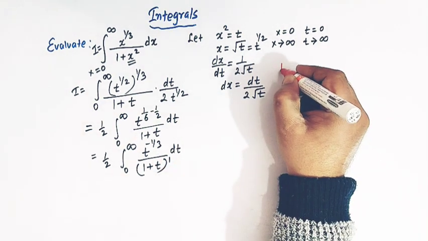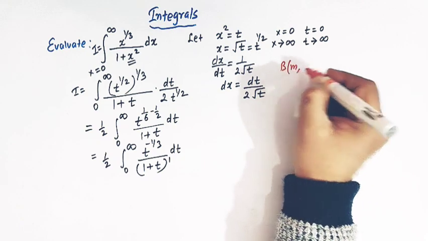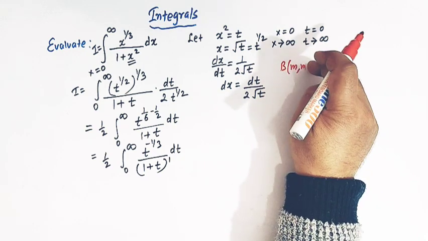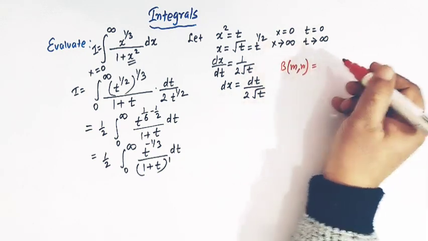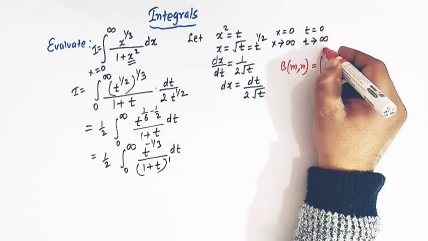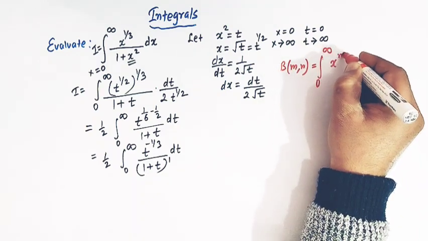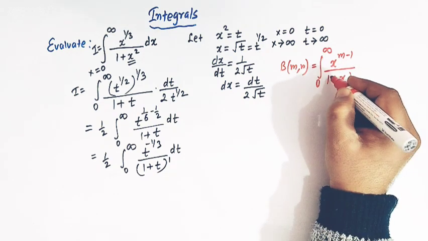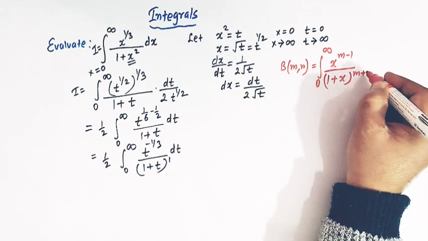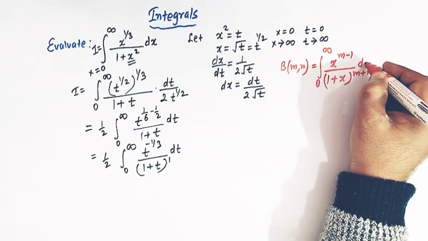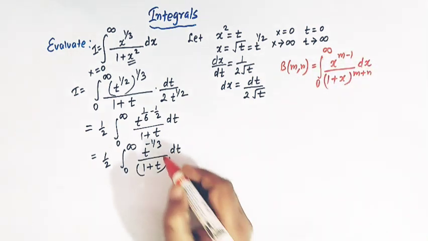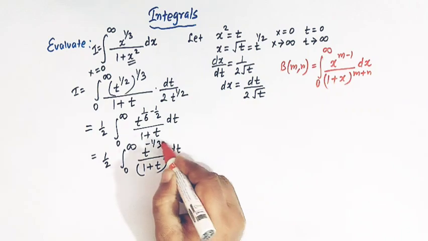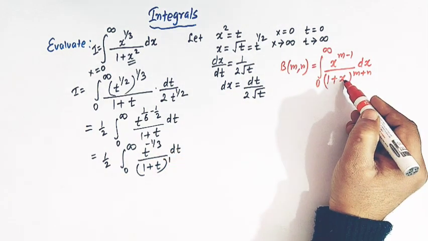Now see, the beta function is defined as beta m, n is given by the integral 0 to infinity x raised to m minus 1 divided by 1 plus x raised to m plus n, and here we have dx, right? So now our aim is to express this quantity like this, right?